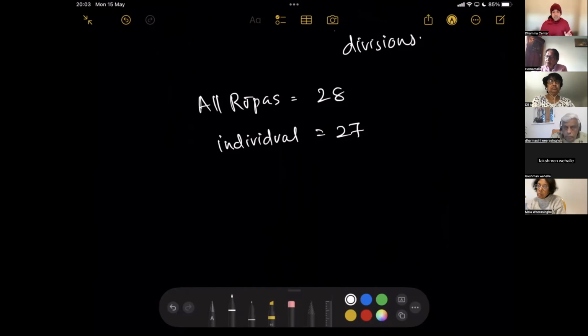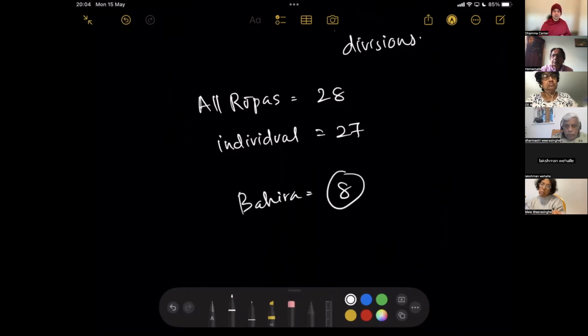Of these Ajjhattika, or of all the 28 Rupas, how many Rupas are Bahira Rupas, external Rupas, Rupas that exist outside? Still can't see your writing, Bhante, because it's covered with that message.